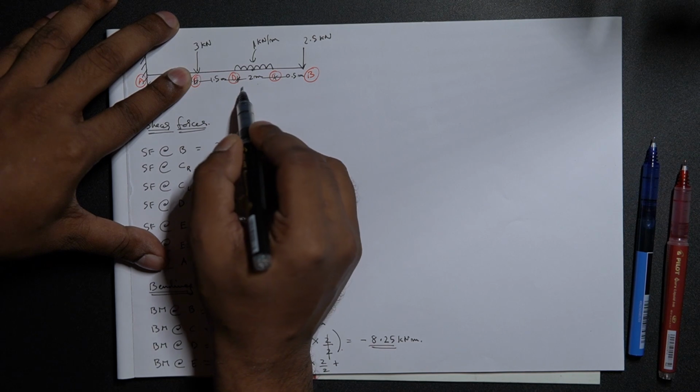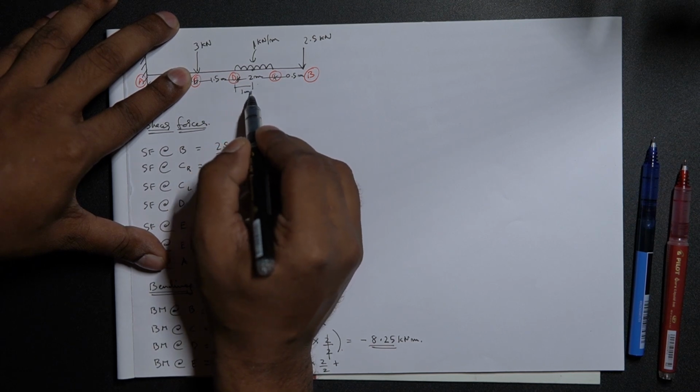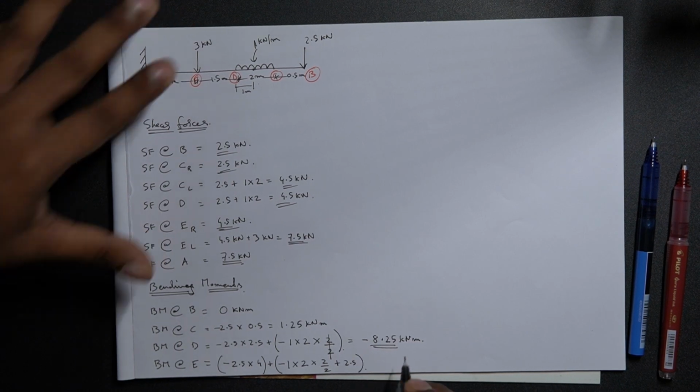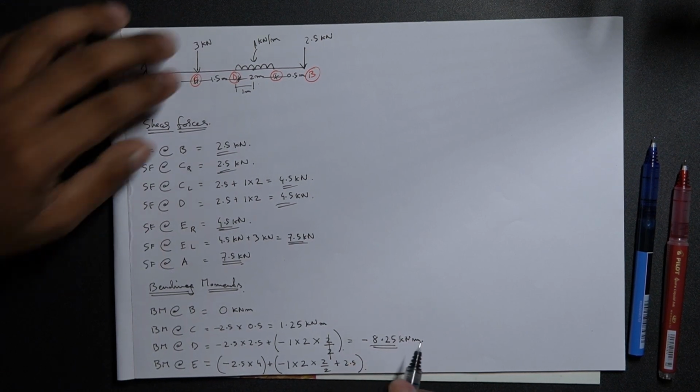So 1.5 plus 1, that is 2.5 meter. That is the total amount of UDL acting at point E.